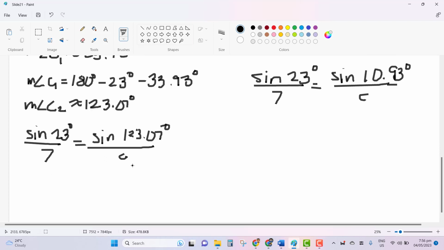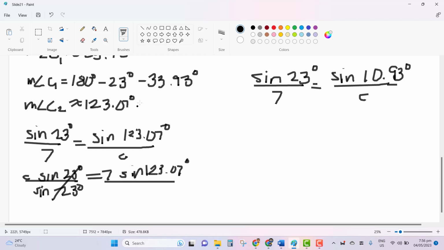So let's solve them independently. Let me not label it C1 or C2 in the meantime because I would like everyone to follow the process. So C sine 23 degrees is equal to 7 sine 123.07 degrees. Divide this by sine 23 degrees to cancel that out.